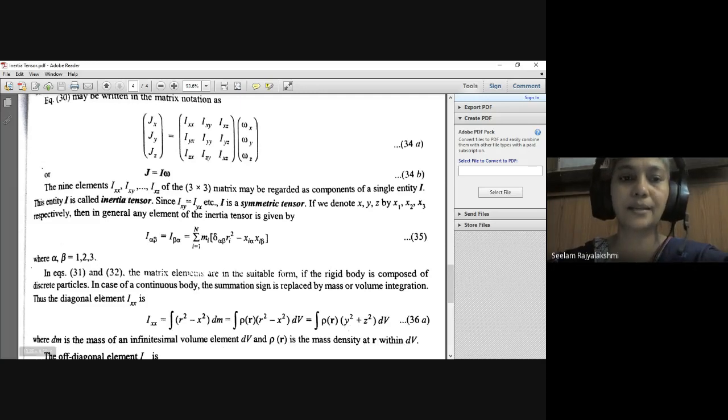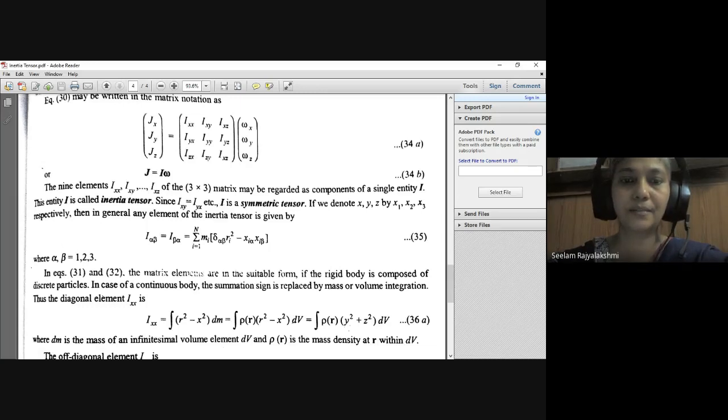Thus the diagonal element Ixx can be written as the integral of r square minus x square into dm, which equals the integral of rho of r square minus x square into dv.